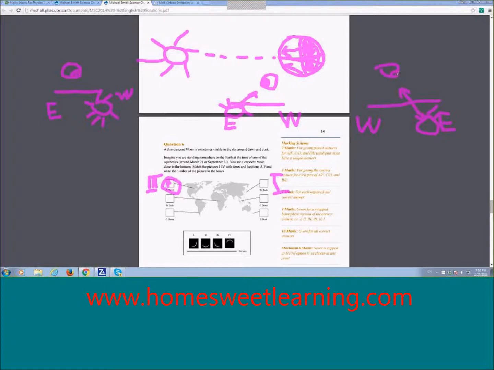So it's going to light up this part of the moon, which is number 1 over here. And a similar thing will happen at dusk. So we're essentially swapping from the northern hemisphere because we're looking in a different direction. Here we're facing south, here we're facing north.